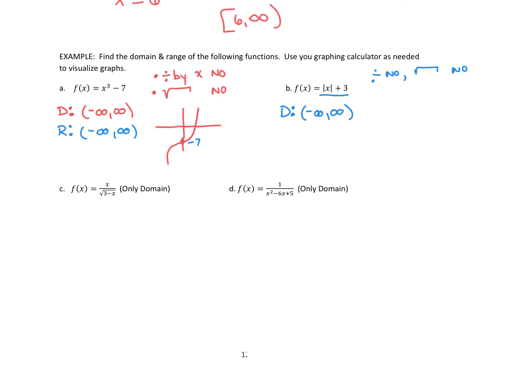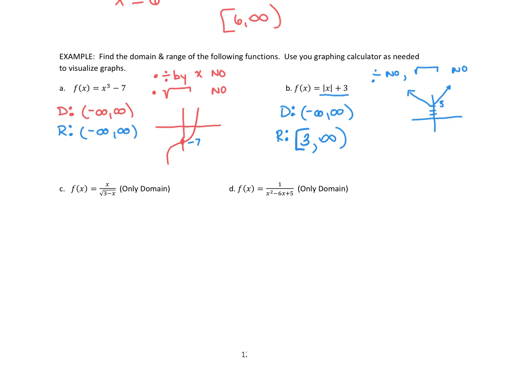And if we graph this, you can use your graphing calculator if you like. We know that an absolute value has this V shape. You can see that the range, the smallest it will ever be is 3, and the largest it would be infinity. So that's that.